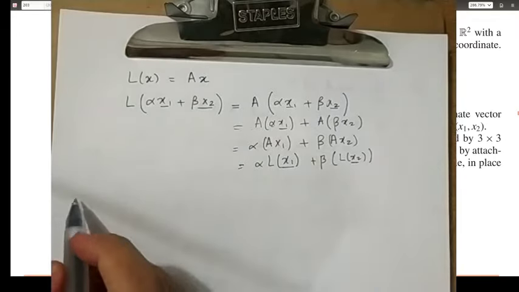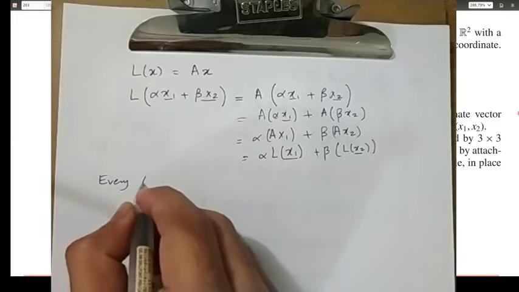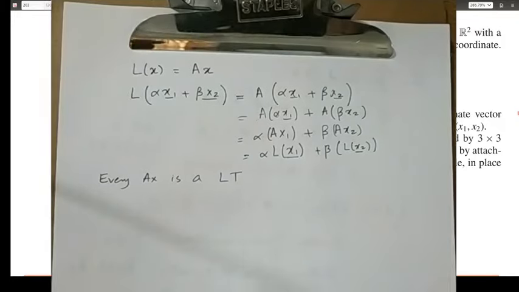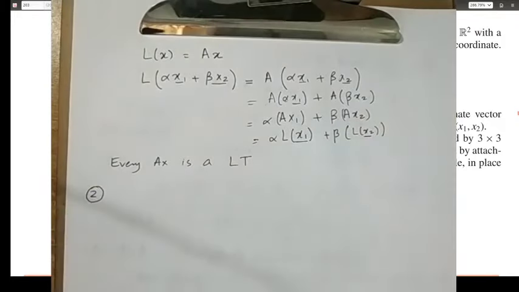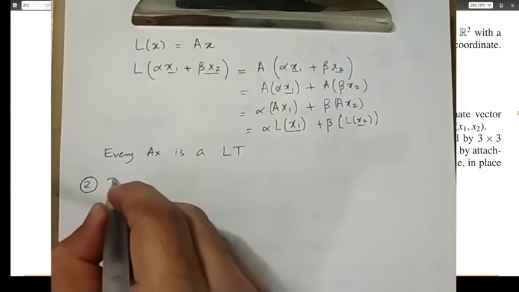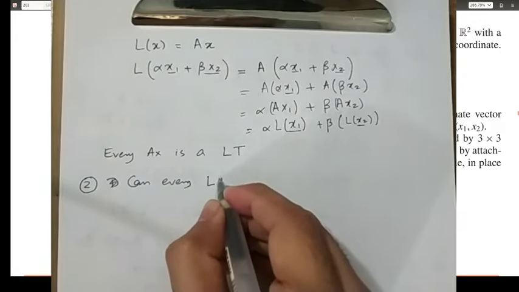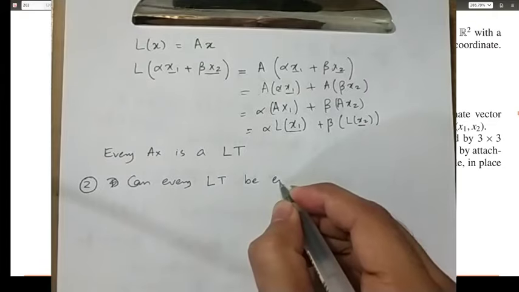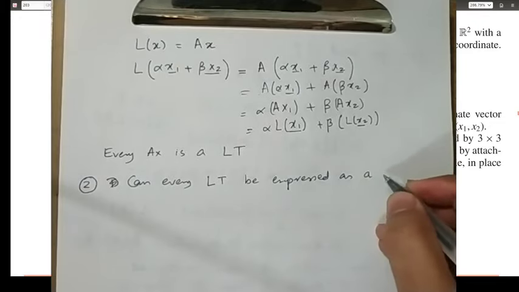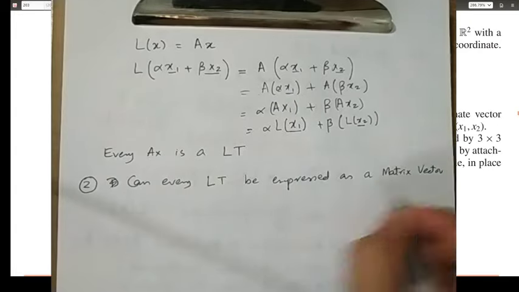So for now, we've established that every Ax is a linear transformation. But the more important thing is the relationship that goes the other way, which is: can every linear transformation be expressed as a matrix vector product?